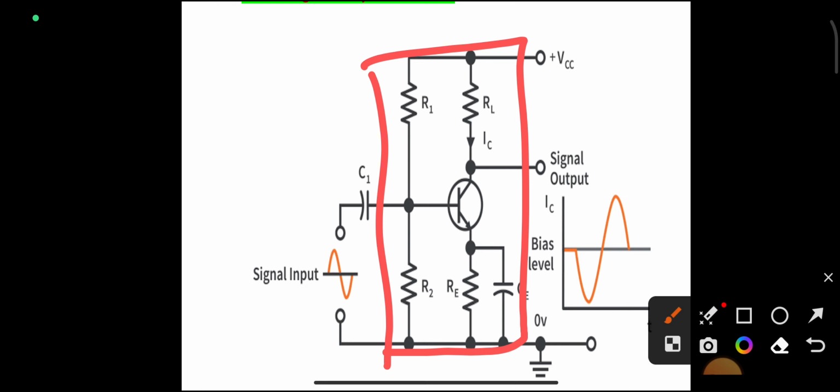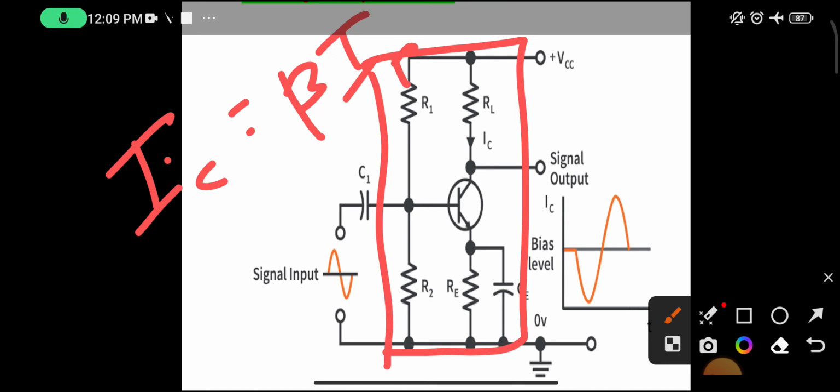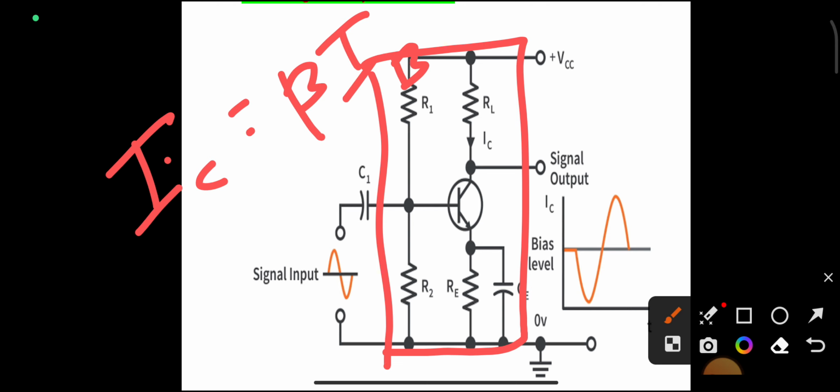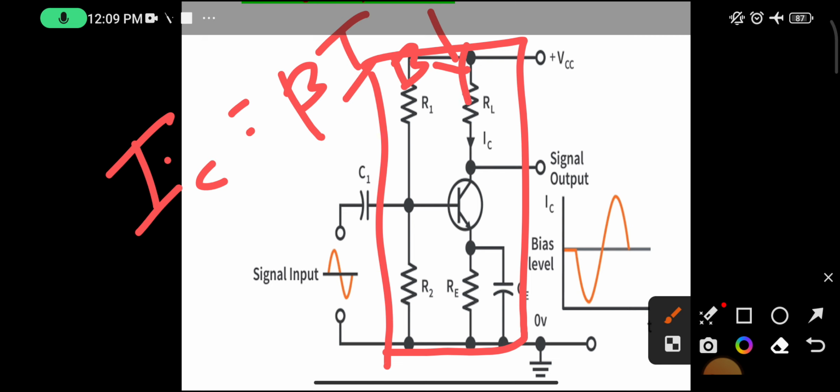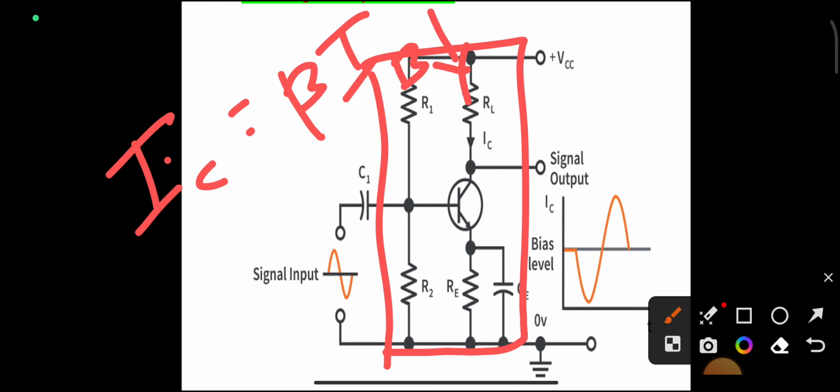So when IC increases, the circuit reduces the IB, the input current. You know the relation IC is equal to beta times IB. So when IC increases, the circuit makes IB decrease. When IB decreases, the IC also decreases.